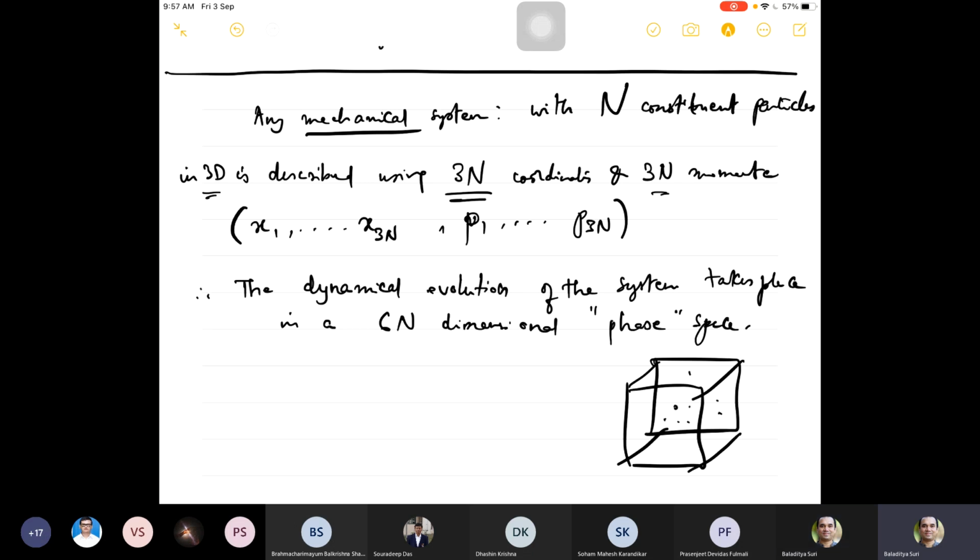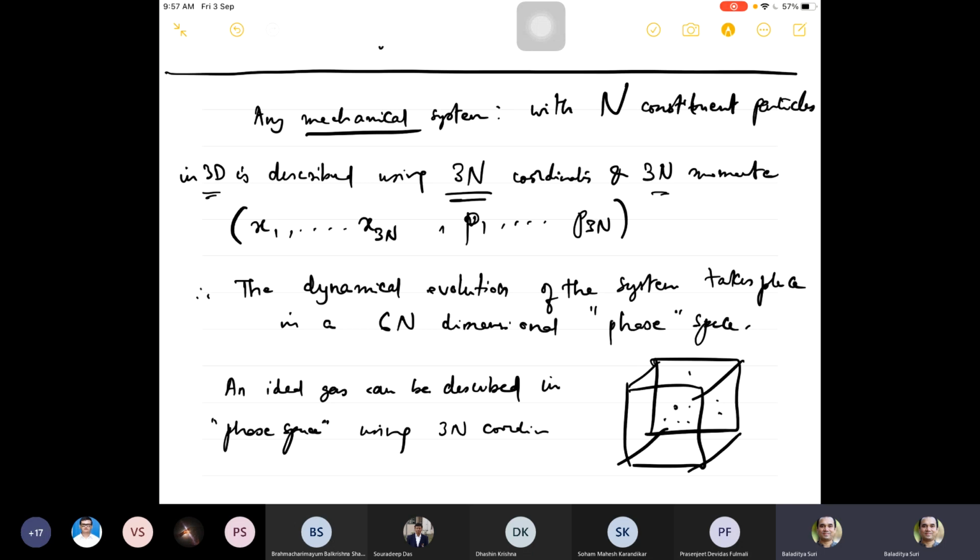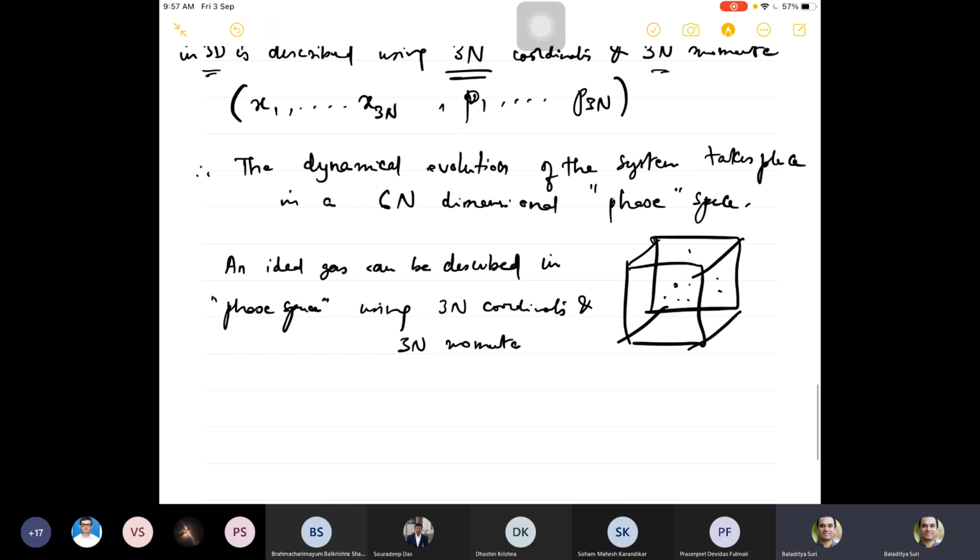Okay, this can now be described by specifying the coordinates. It can be described in phase space using 3n coordinates and 3n momenta, or x1, x2, and so on, p1, p2, and so on up to p3n.